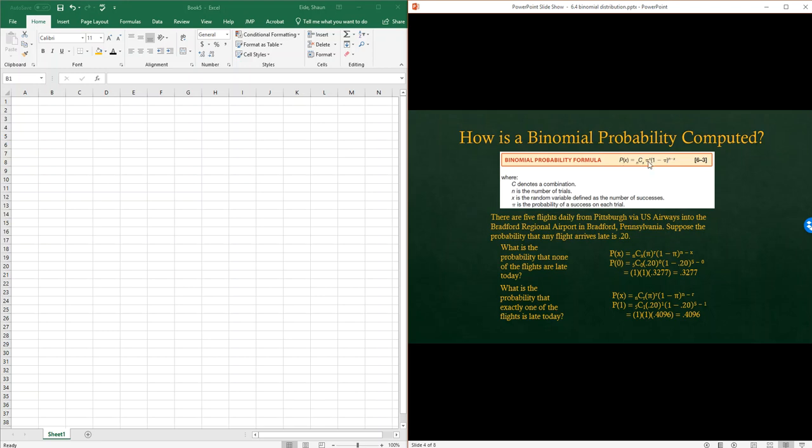Okay, and then here is pi raised to the x. Now, when you see pi, we're not talking about 3.14. Pi stands for the probability of success of each trial. So if the probability of success is 0.2, then you put 0.2 raised to the number of successes, the random variable defined as the number of successes.